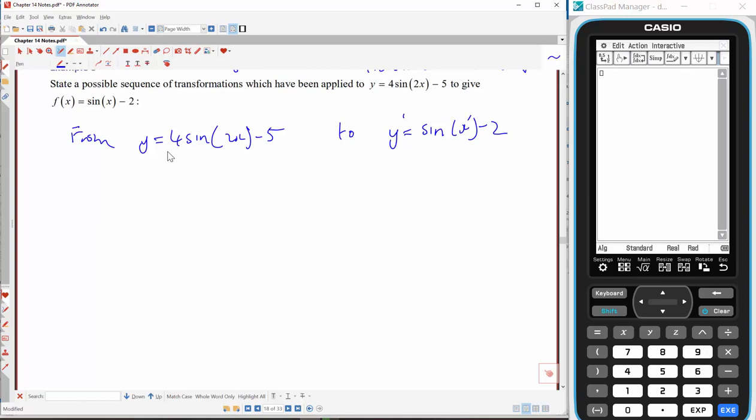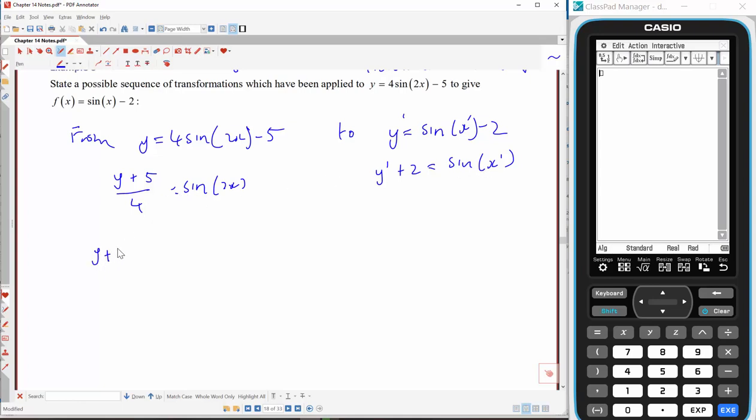Okay, so let's get ready to pair these up. This time I have to do y dash plus 2 equals sine x dash. And this one here is not ready to be paired either. So that's (y plus 5) all over 4 equals sine 2x. All right, now we're ready.